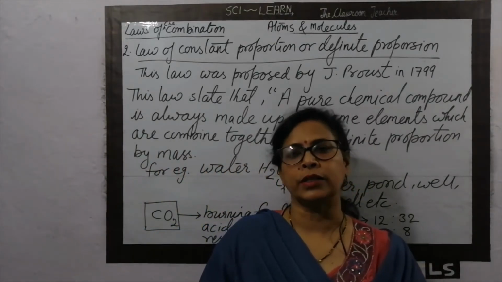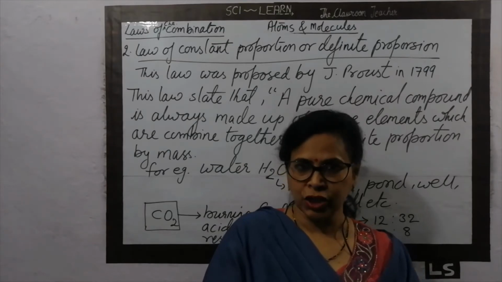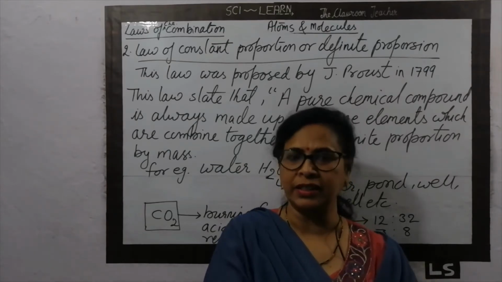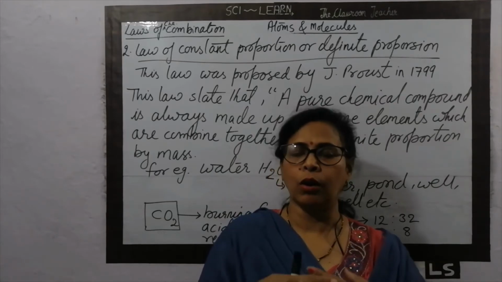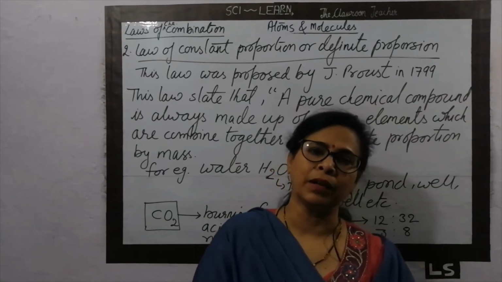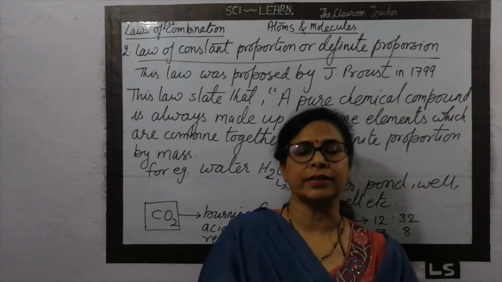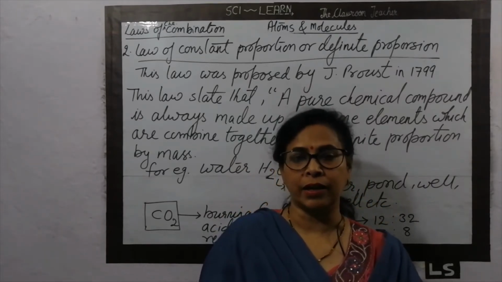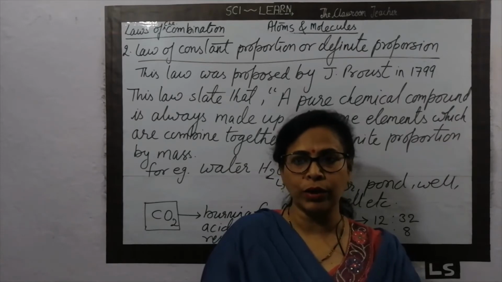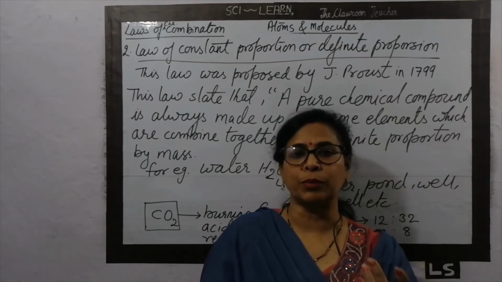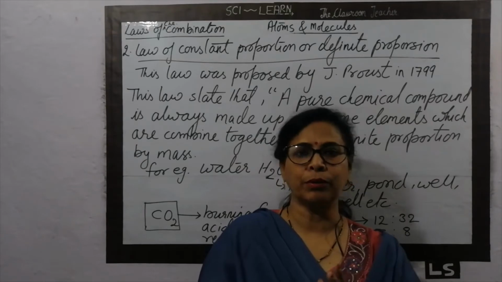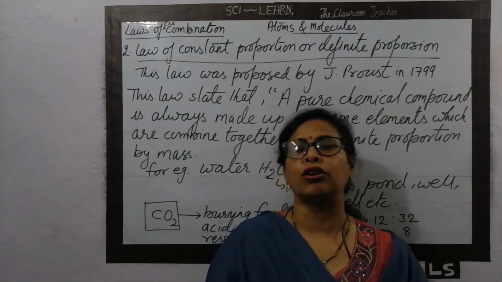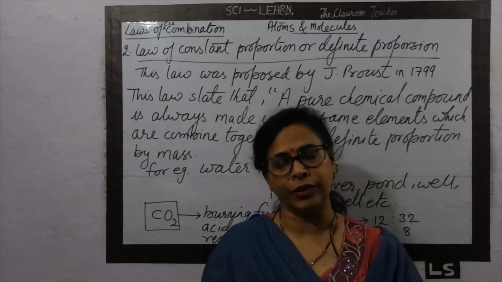According to this law, in any chemical combination, the compound is always made up of the same elements. When they combine together, their proportion is always definite. It cannot be changed, and that definite proportion we calculate from the mass of the particular element. So this is the second law, the law of constant proportion or law of definite proportion.